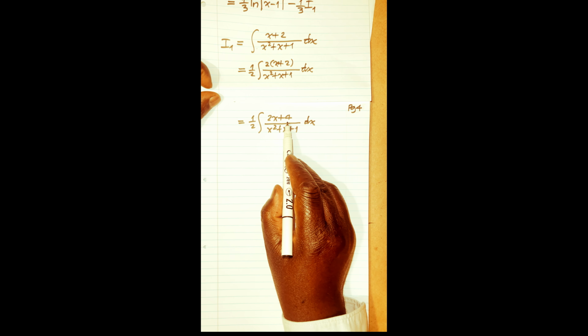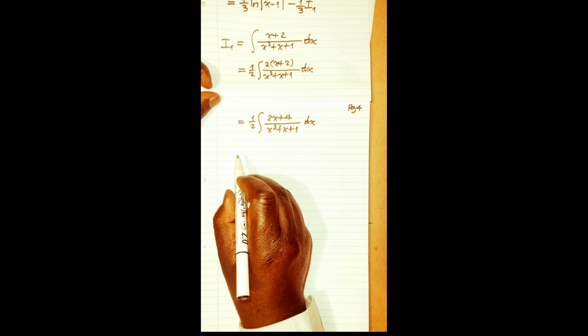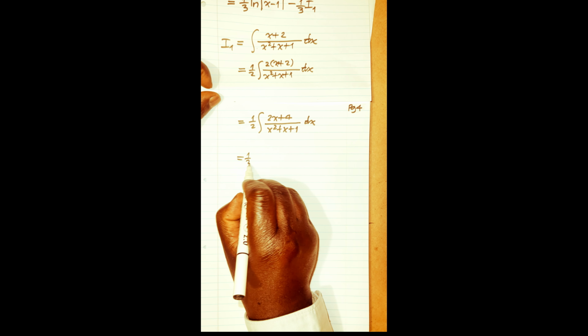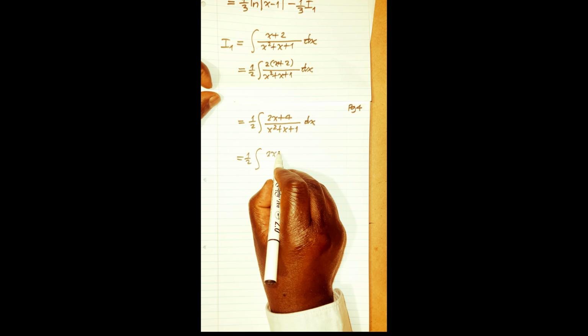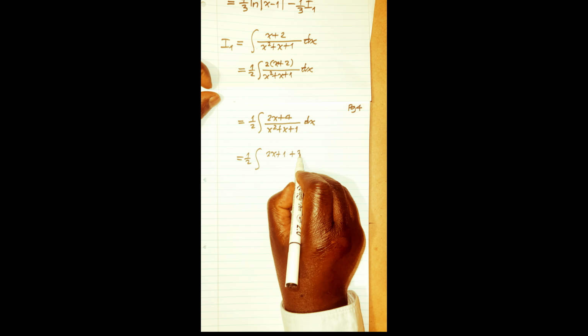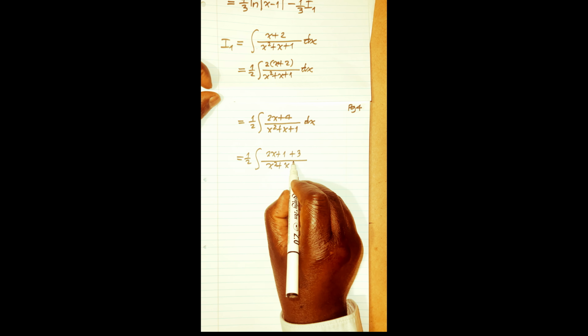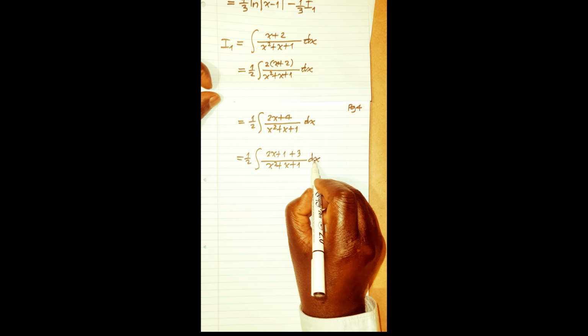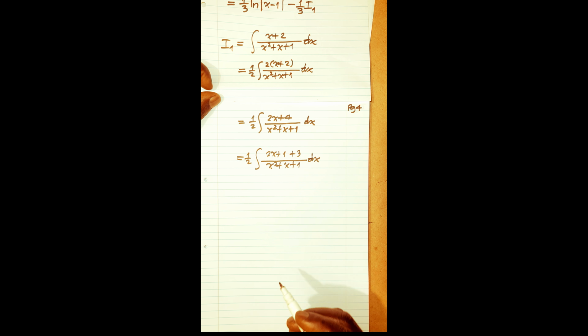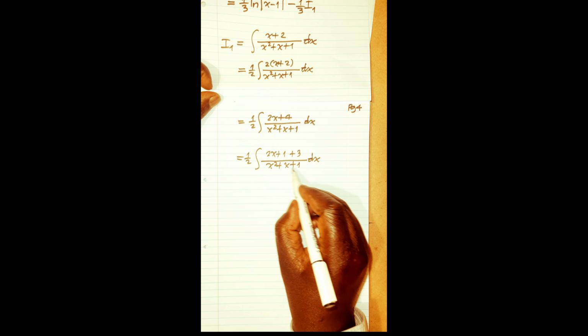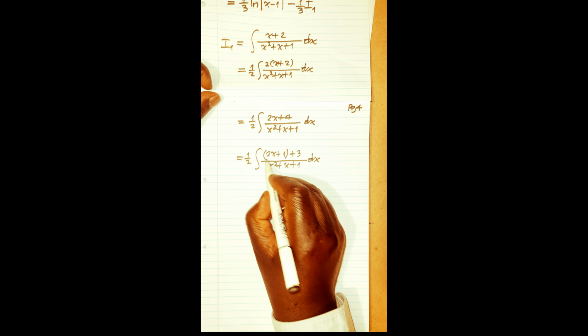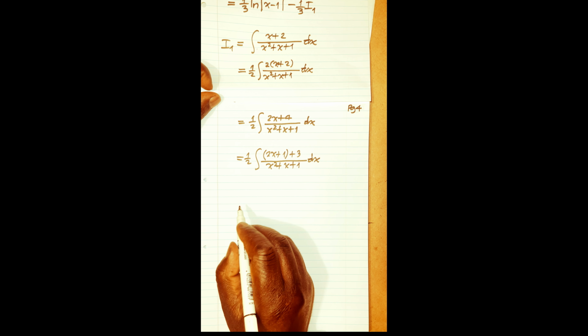Fantastic. Now you see there, we have 4. We have to split that. So this is going to be 1 over 2, the integral of 2x plus 1, and then plus 3, all over x squared plus x plus 1 dx. Now I'm going to use term-wise division. I'm going to divide this expression into that one first, and then into 3, keeping half out.